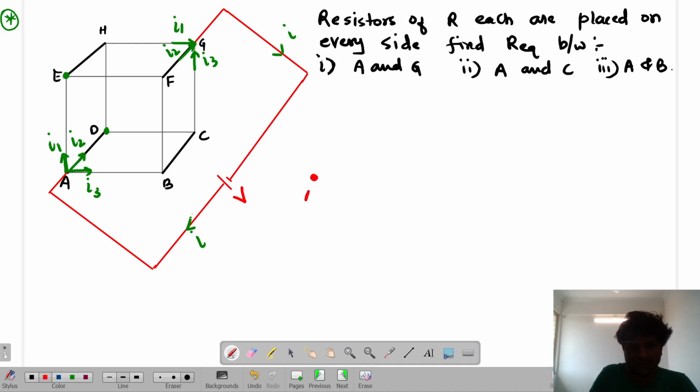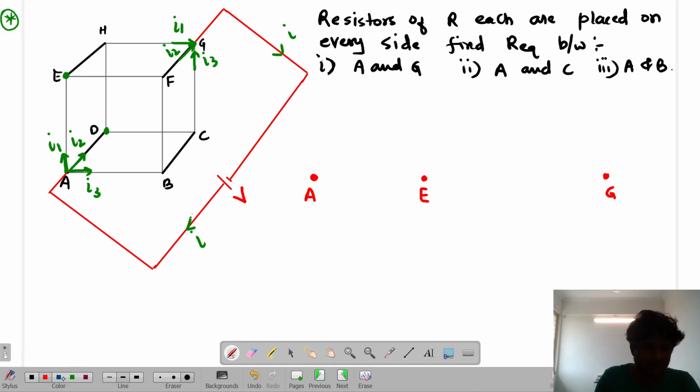First point is A and then point E. The point is very simple: whatever current is applied at A, the net current must be coming out at G. So when I send I1, I1 is getting distributed into three parts at point E or not? Yes.